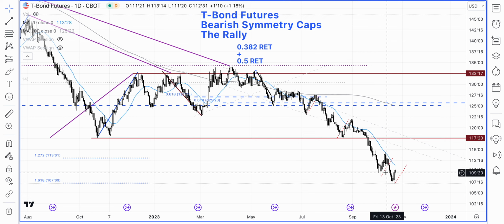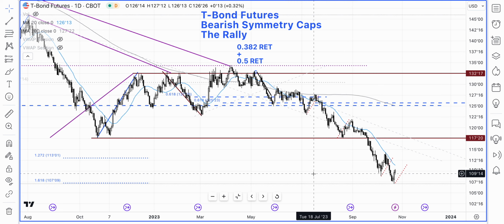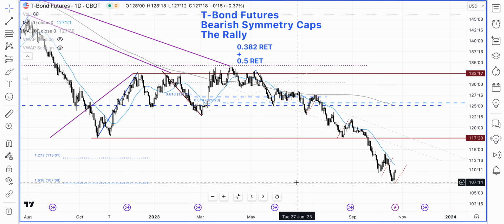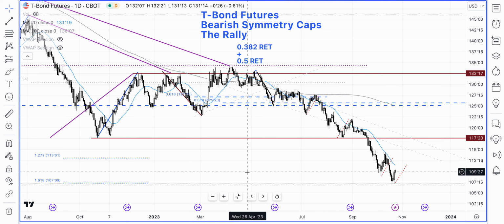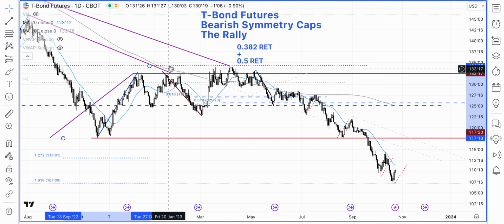It's a little bit too early, in the sense that we don't have a confirmation from a technical perspective. But one of the key things we were watching for, which I'll show you on the weekly chart, is that on the daily chart it was the 107 level, which was right at the 1.618 Fibonacci expansion of this entire range.